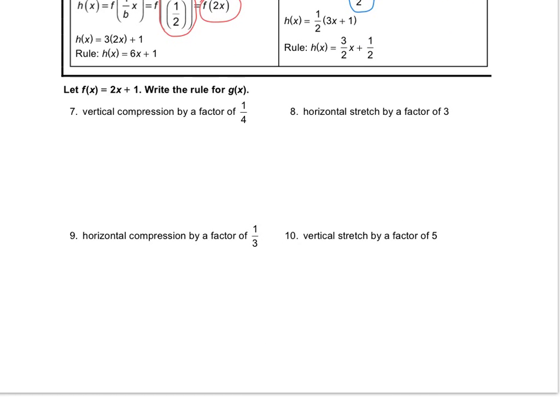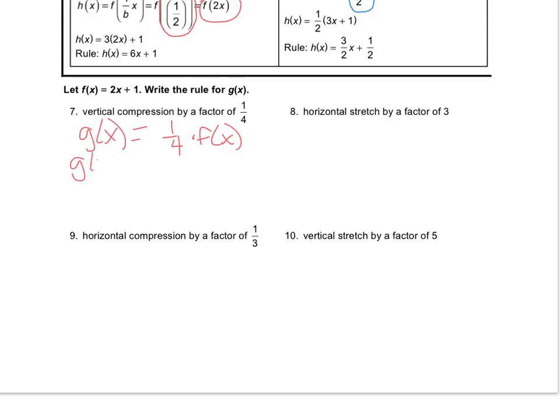Okay, let's look at a vertical compression by a factor of 1/4. So vertical compressions, you multiply the output. So I'm going to start with g of x. It's going to be equal to 1/4 times f of x, on the outside.